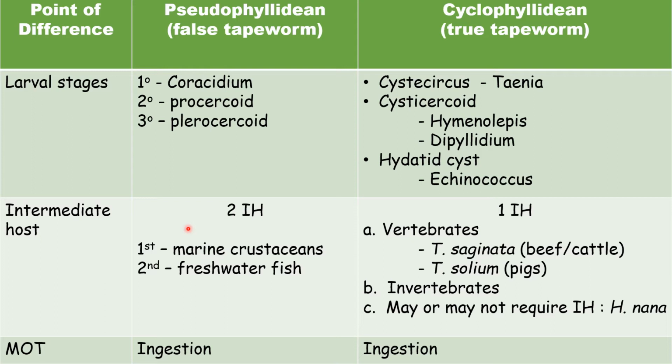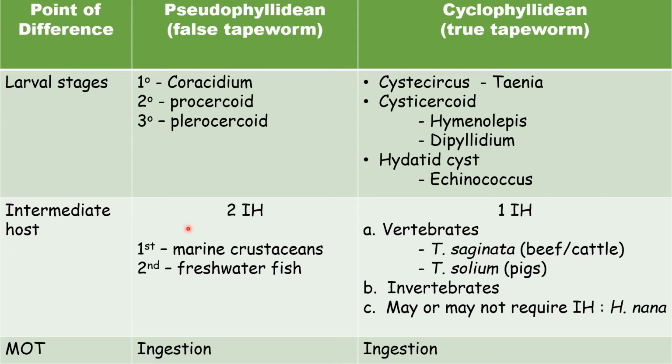For Taenia saginata, for example, cattle or cows. So we already know the mode of transmission: we acquire it by eating raw beef. T. solium is in pigs, domestic pigs.